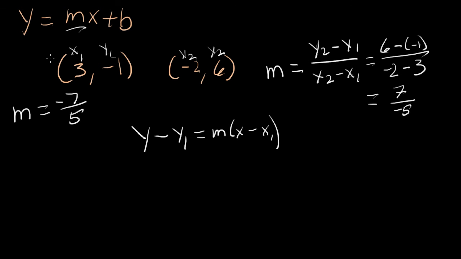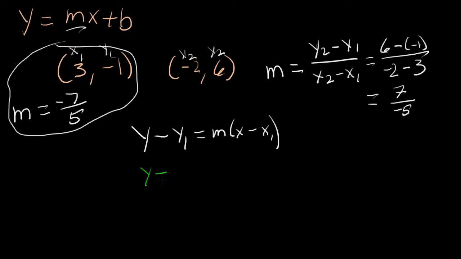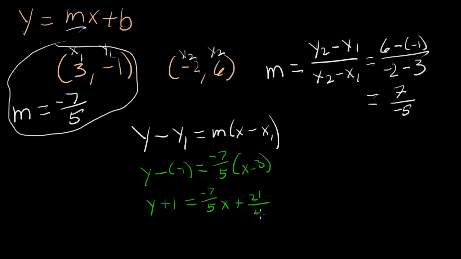So plugging in my slope and my chosen point here, let us go. So y minus y1 is going to be -1 equals m, -7/5, times x minus x1, which is 3. All right, y minus -1 is of course y plus 1 equals -7/5 x plus -3 times -7/5, which gives you a positive. 3 times 7 is 21/5.